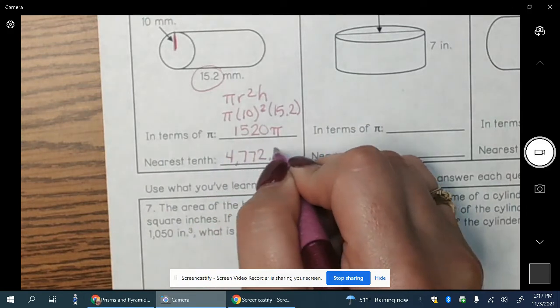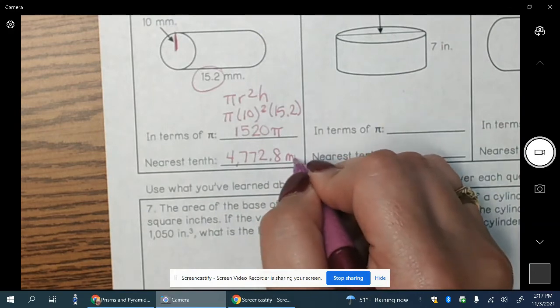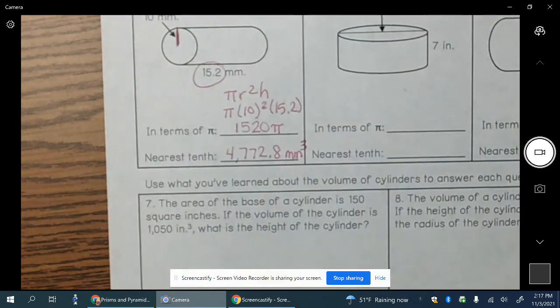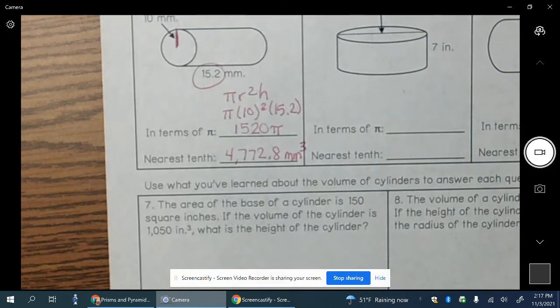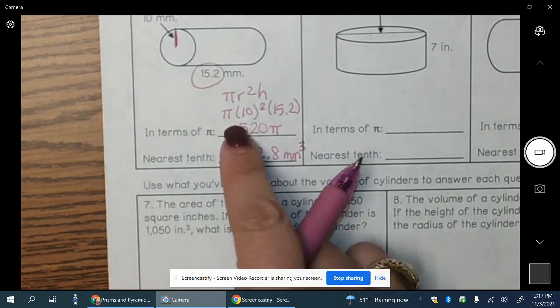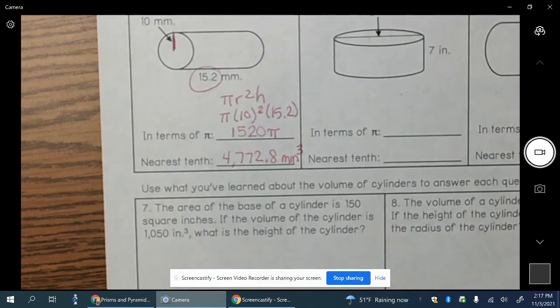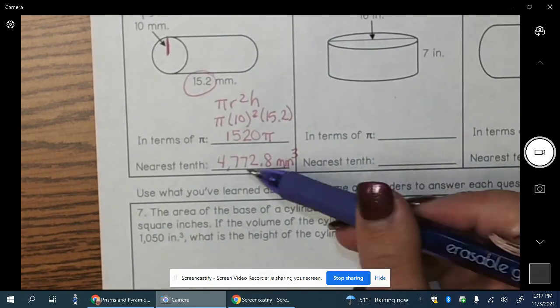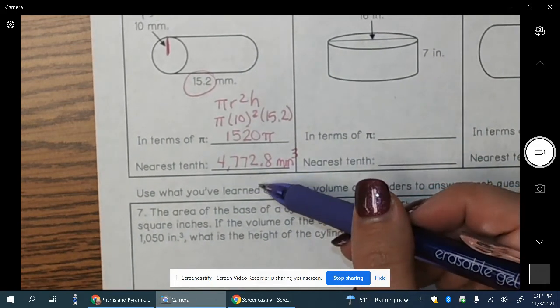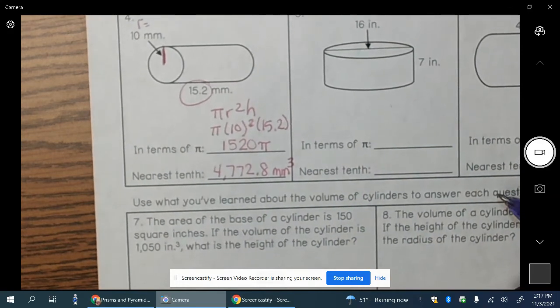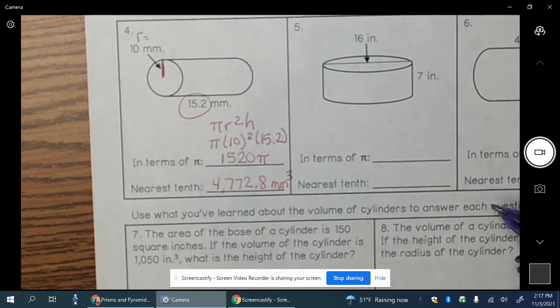I don't know why these people did, but they did. Did everybody get 4772.8? Yeah. Okay.